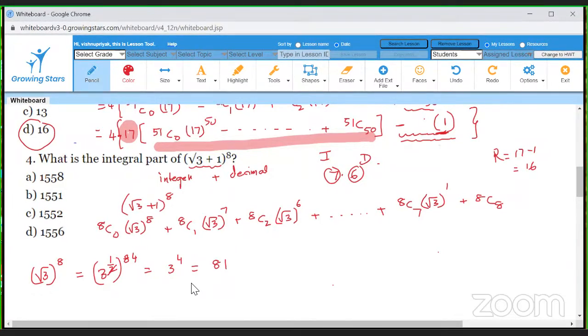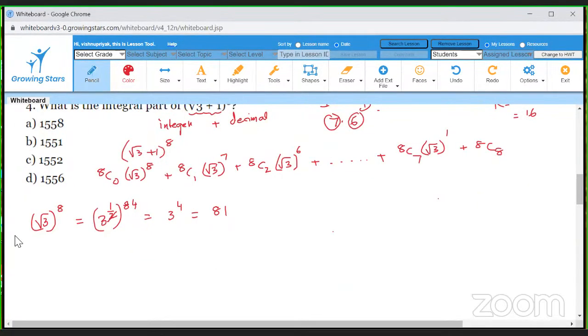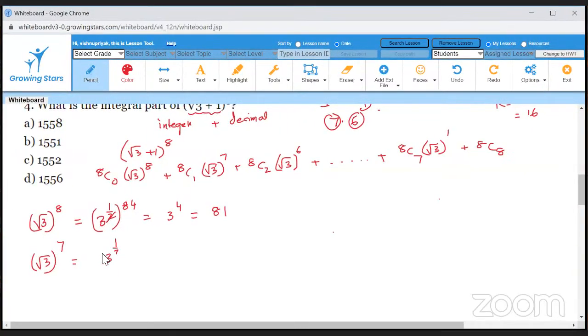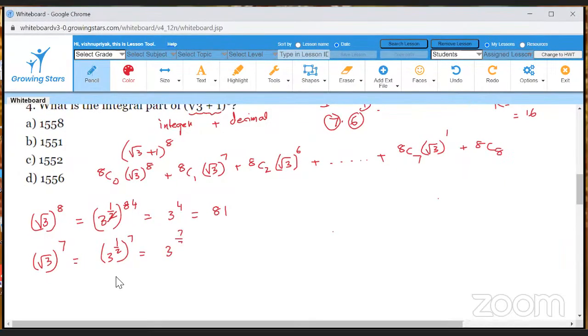So if it is even power, you will get an integer. If it is odd power, root 3 power 7, 3 power half, whole power 7, 3 power 7 by 2, this will not be an integer.